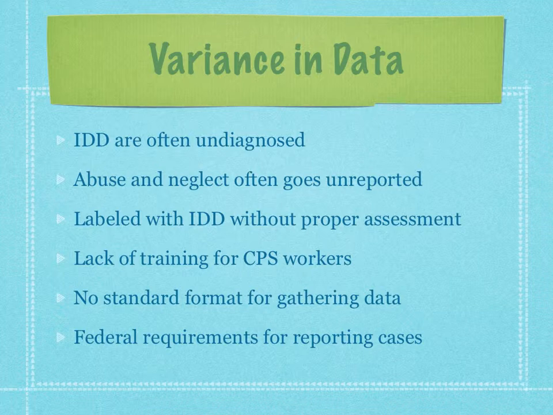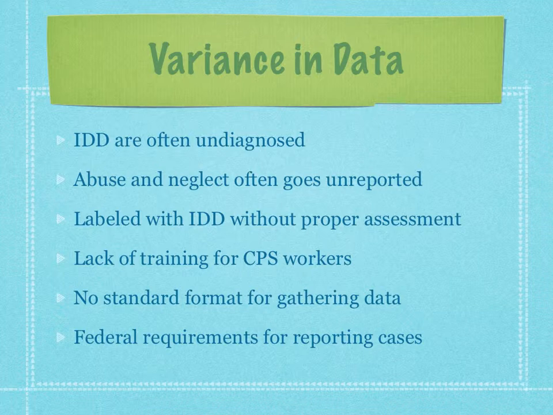Brunn suggested that many child welfare employees are not trained in the intricacies of IDD diagnoses, and thus are not able to identify these children within the system. Shannon and Aragasto reported that in 2006, only 20 states offered IDD training for their CPS workers. Finally, there is no standard format for gathering data from each state.